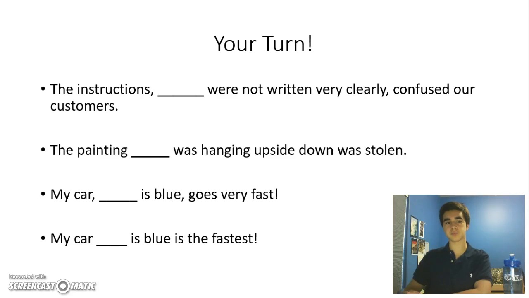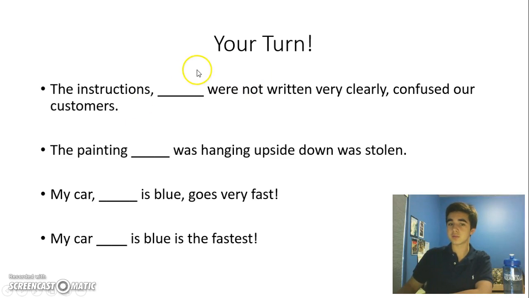Now it's your turn. "The instructions, comma, blank, were not written very clearly, comma, confused our customers." Well, as you can see, you can use the commas as a little hint. So you already know that the word which, I hope you said, is always separated by two separate commas. But if you think about it like this, "the instructions that were not written very clearly confused our customers."